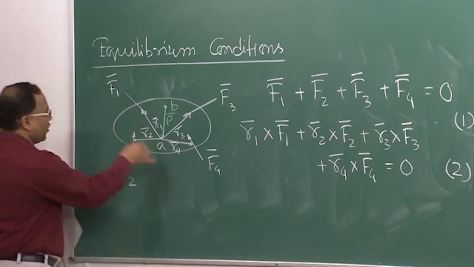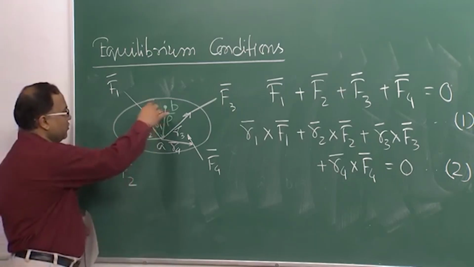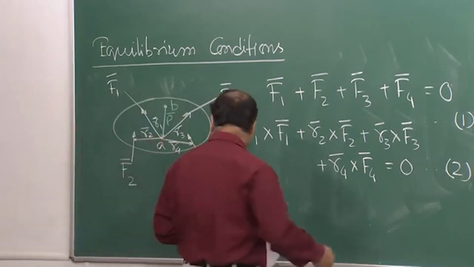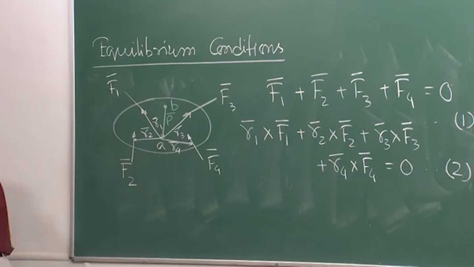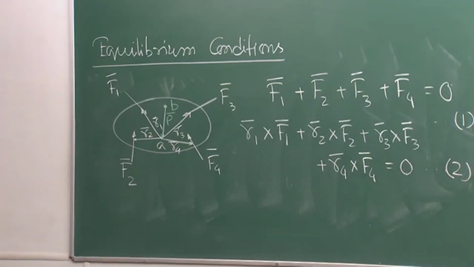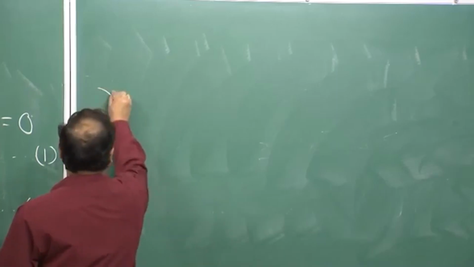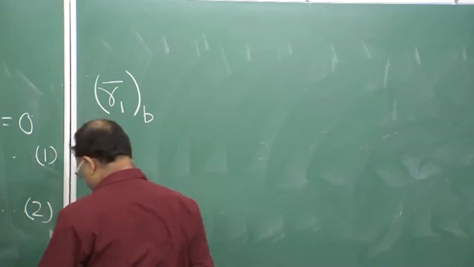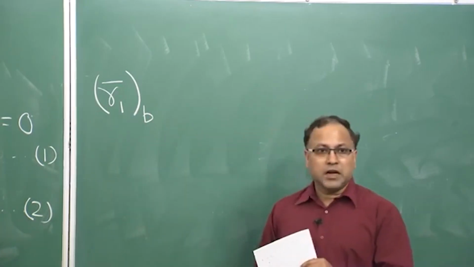in this body, and the displacement vector between B and A is rho, then for the new point B, I can simply write down R1B. What is R1B?